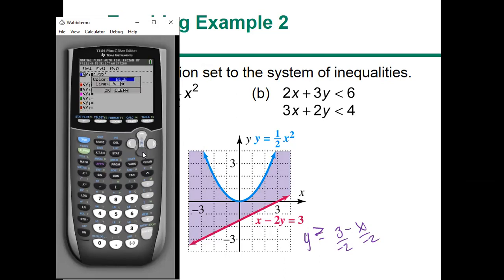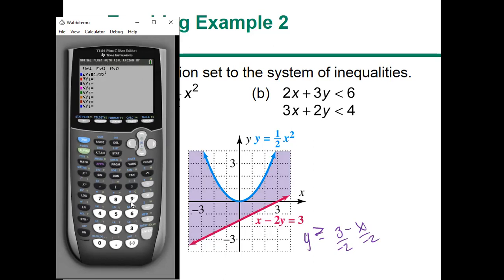So I'm going to arrow down, make sure it's below. And there's that. And then this one is going to be shaded above. So while I'm already here, arrow down, arrow over, enter, enter. And I'm going to write in the equation.